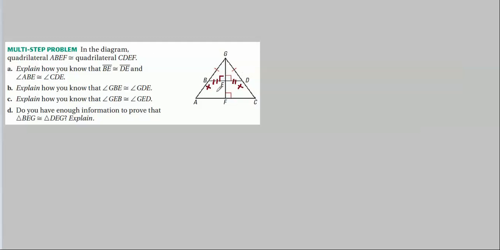It mostly hinges on the fact that these two quadrilaterals are congruent. Based on that, we can say a lot of things that help us determine the congruence of the angles and these two sides. So it looks tough, but if you just go through it one at a time, it all starts to drop out.